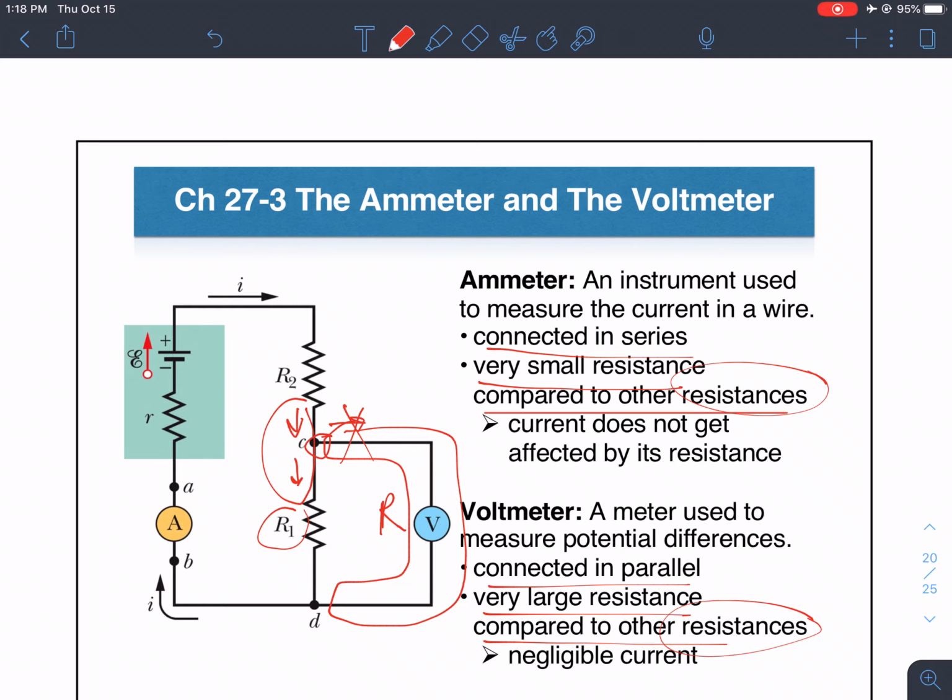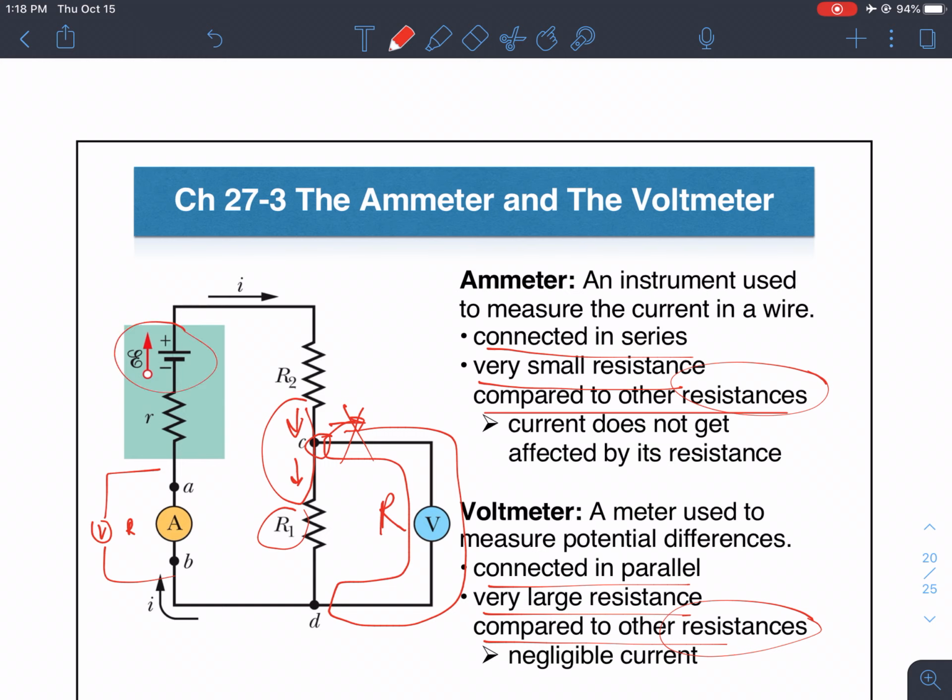It is opposite on an ammeter. So we want the resistance very small on this ammeter compared to the other R's, because you don't want to create a potential difference here. Okay, so you don't want to change the potential difference, you don't want to share the potential difference with the other R's.